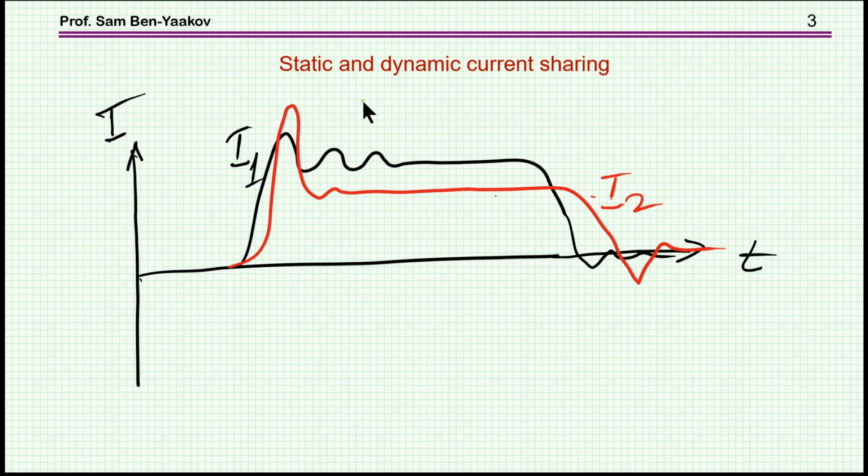So this will be more the dynamic current sharing. On the other hand, once this transition is over, we're talking about static current sharing, and I'm going to talk in this presentation about the static current sharing. The dynamic part is for a short time, of course, depending on the type of transistor.